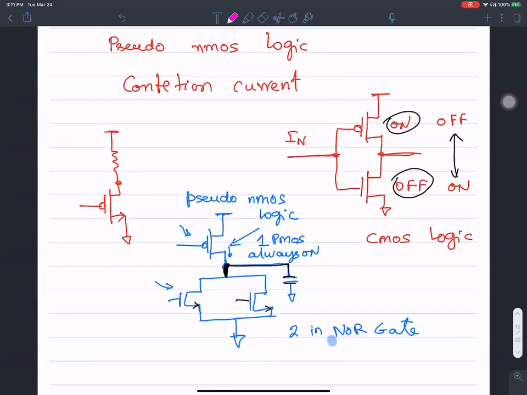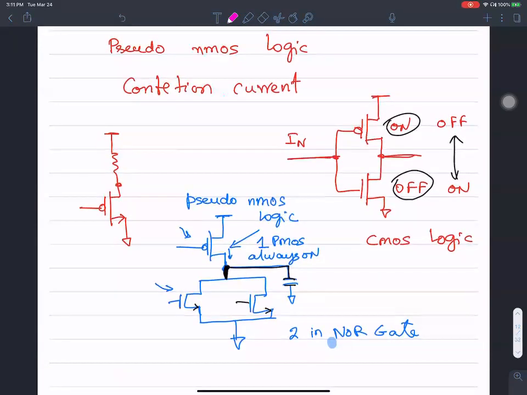Did I talk about contention current in this section? I don't believe we did. Okay, the idea is contention current happens in logic that's different from CMOS.